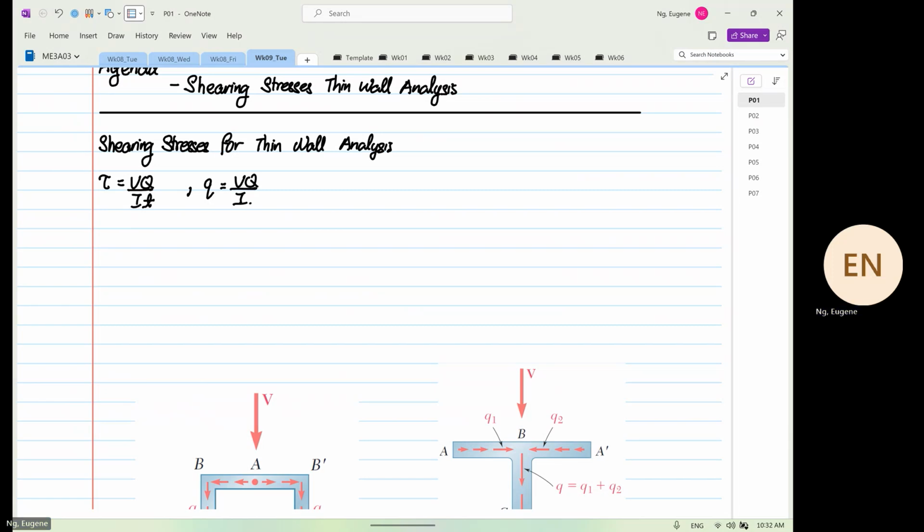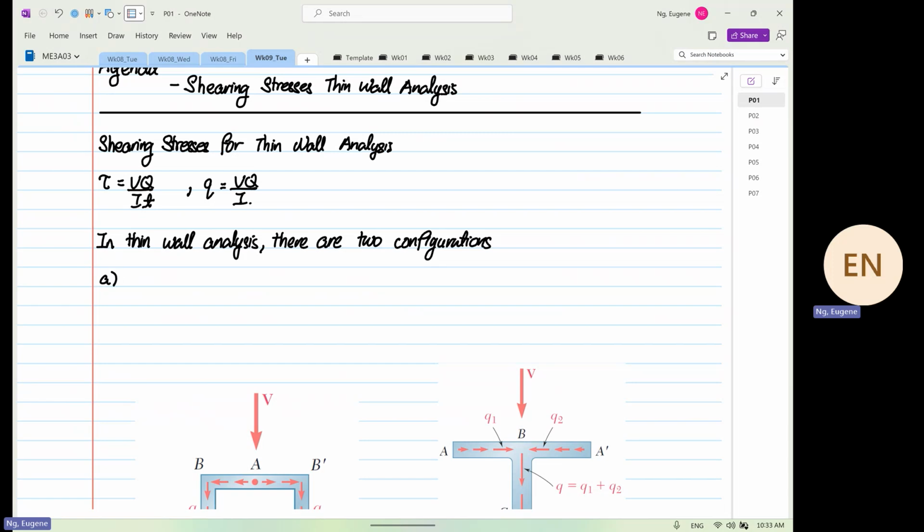In thin wall analysis, there are 2 configurations. And I posted these diagrams for you guys.